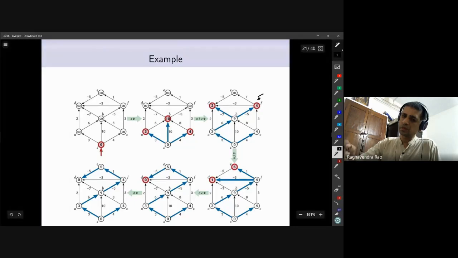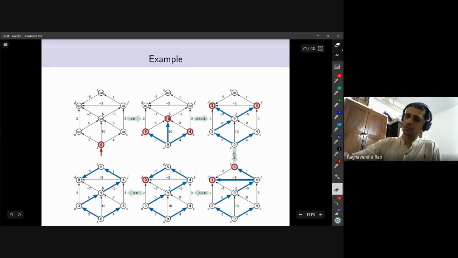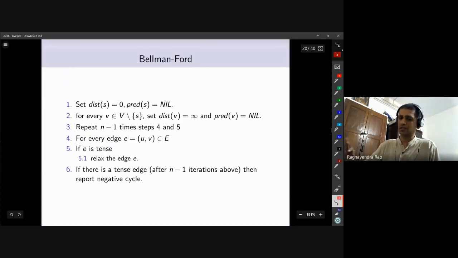Because this was, wait, no. Is it 9 minus 5? Yeah, it was 9 minus 5 because it was updated, right? You're right. Okay, got it. See, that again depends on the order. If you had processed the tense edge incoming to this, right? We don't really say in which order you process these edges. For every edge you do it.